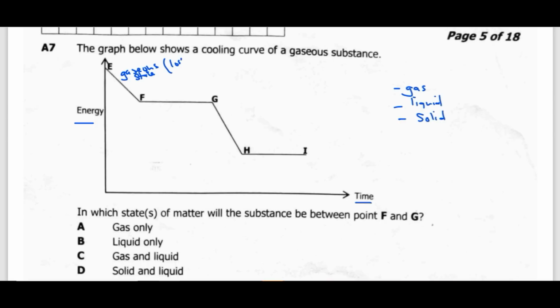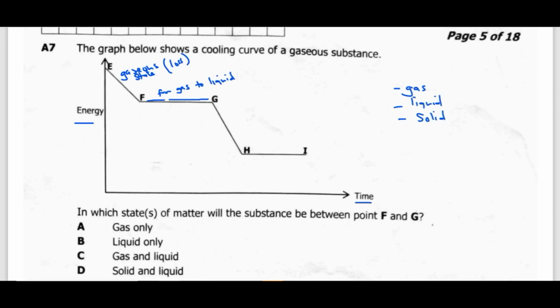Then from F to G, it has changed from gas to liquid. There is no loss of energy here, because it is constant from F to G.